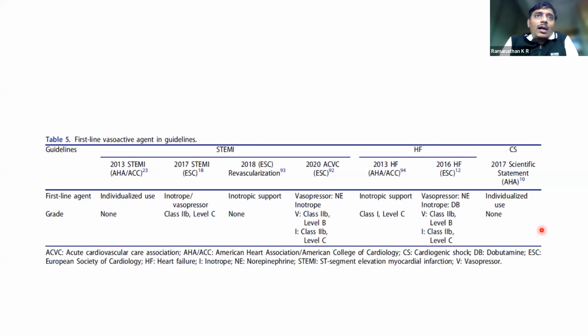However, all societal guidelines would eventually boil this down to an individualized use. And I'm sure, as hospitals taking care of patients in cardiogenic shock, you all will have your own institutional protocols as to what agent you're going to start in your patient.